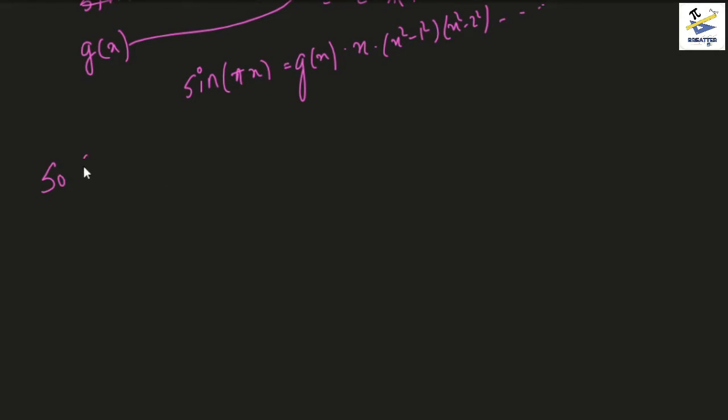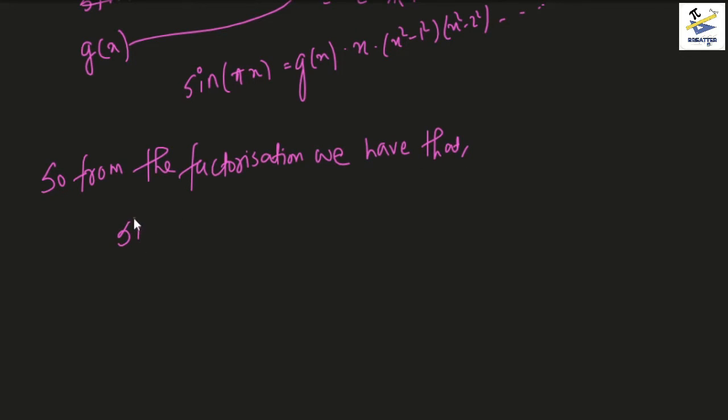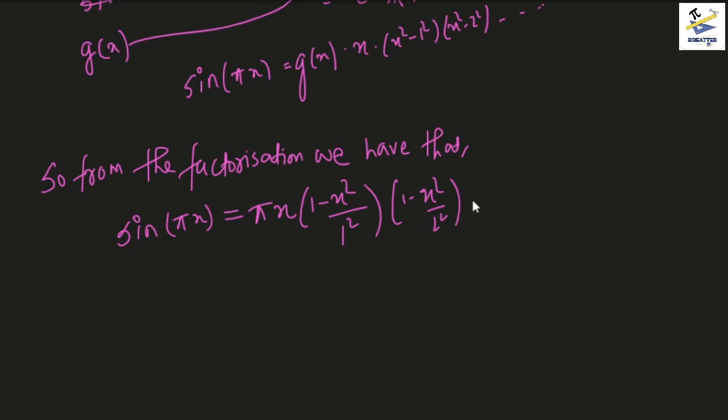So from the factorization, we have that sine of pi x equals pi x into 1 minus x square by 1 square, 1 minus x square by 2 square, and so on.